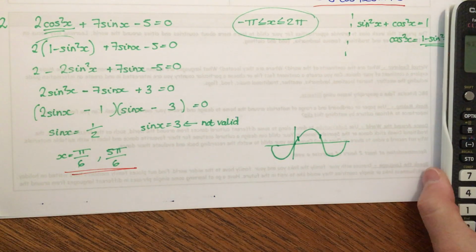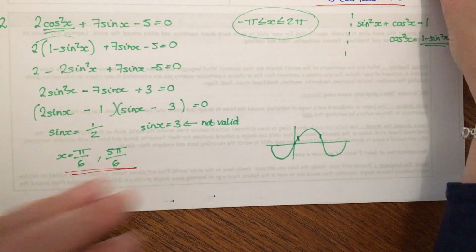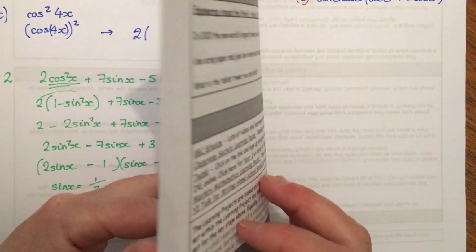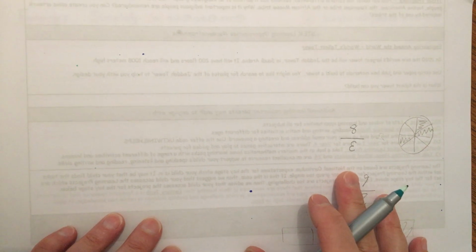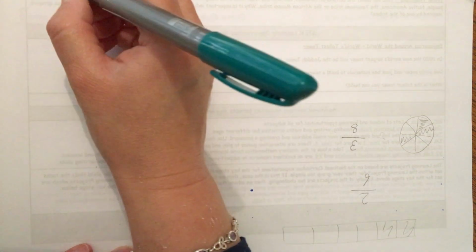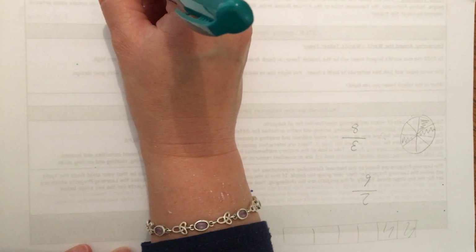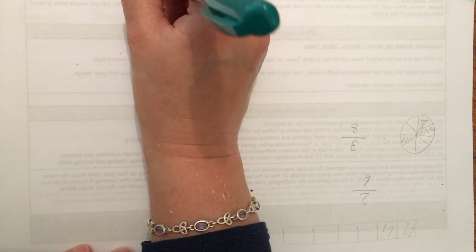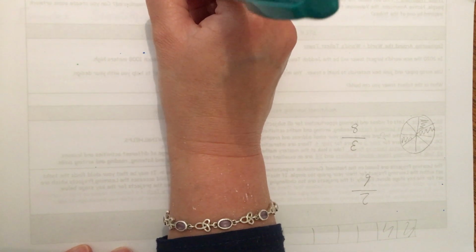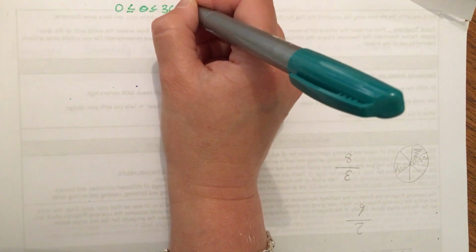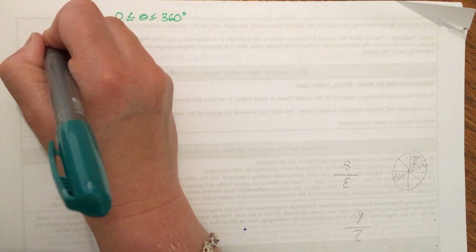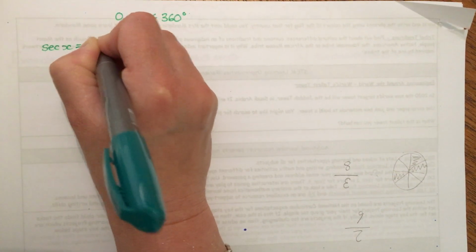Question 3. So question 3 says solve in the range 0 to 360. So we're in 0 to 360. Sec x equals 3.5.